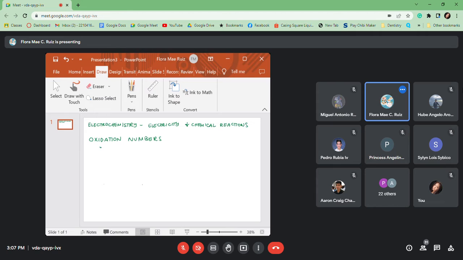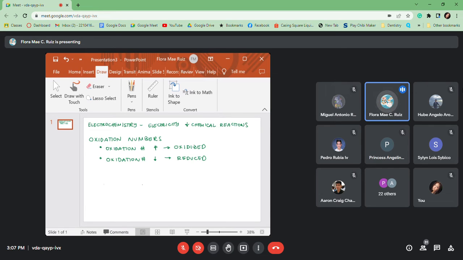So, if the oxidation number increases, then that element is oxidized. And if the oxidation number decreases, that means that the element is being reduced.